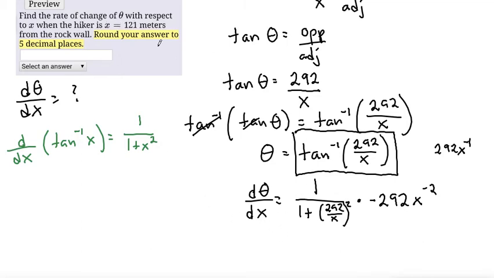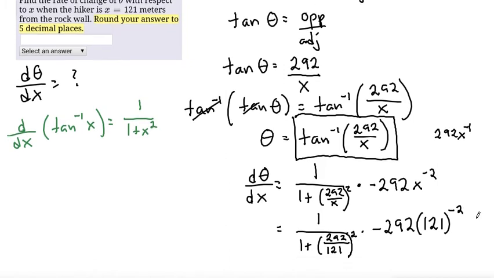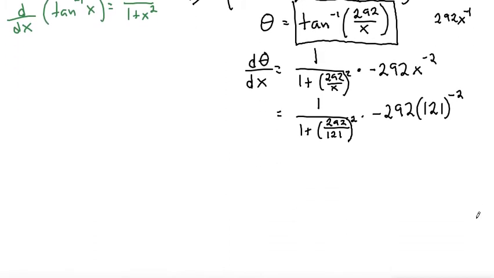So plugging in 121 meters into our x value, that gives us 1 over 1 plus 292 over 121, with that parentheses going all the way over, squared, times negative 292 times 121 to the power of negative 2. So I just simplified by plugging in 121 in for all my values of x. So let's do a little simplifying with a calculator.